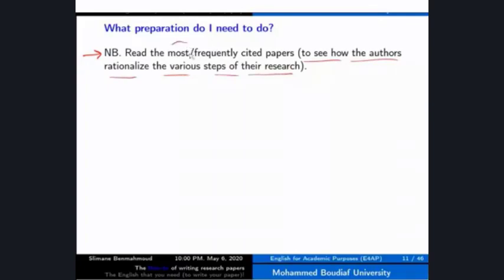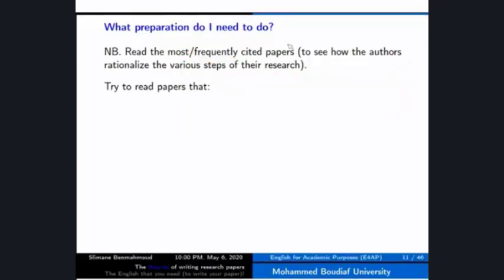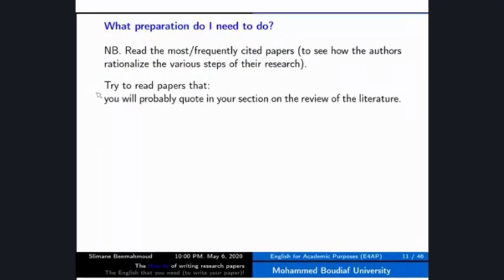So try to read the most frequently cited papers in your field. Try to read those papers which you will probably cite in your section on the review of literature.